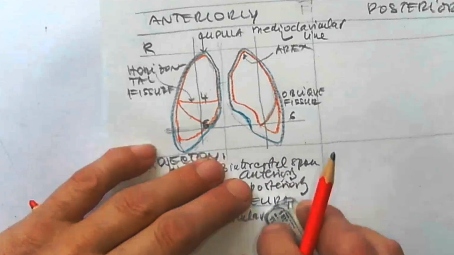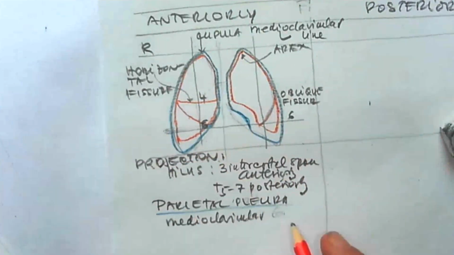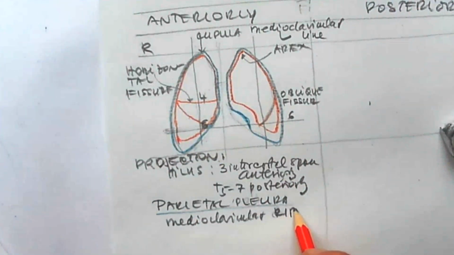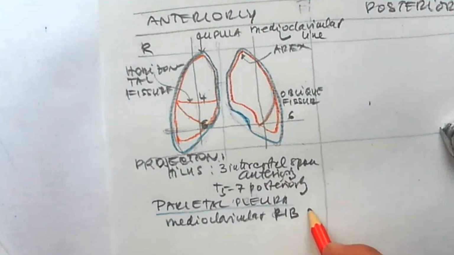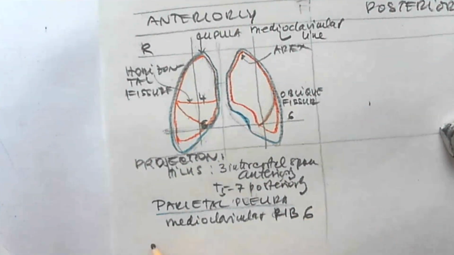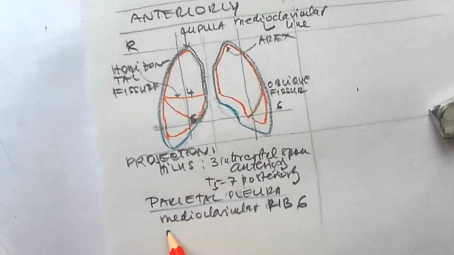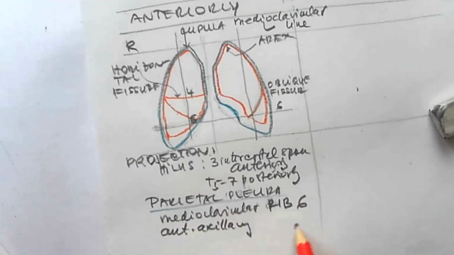I will just put rib, capital letters, and then the number 6. Then anterior axillary is rib number 7.